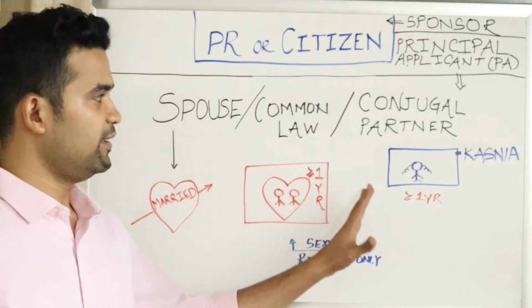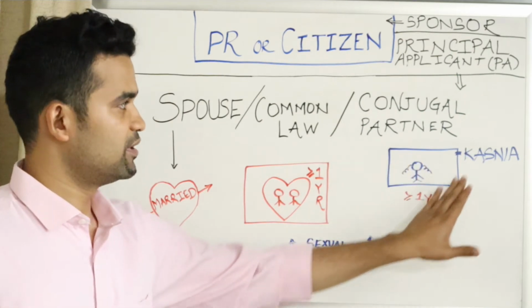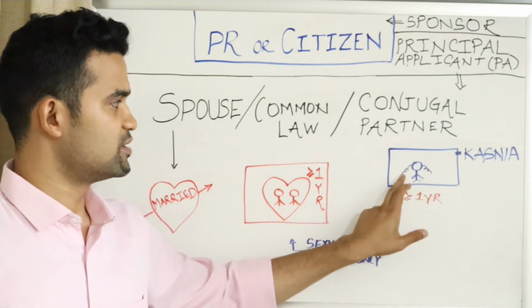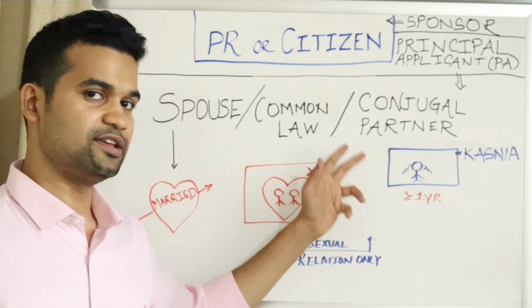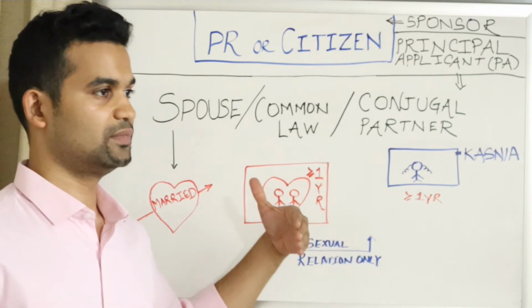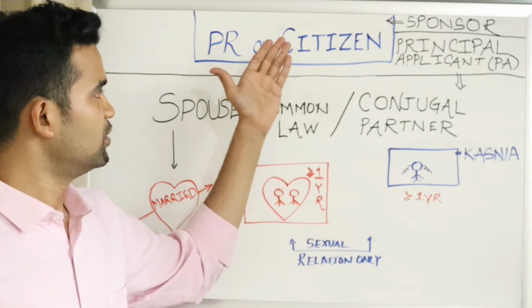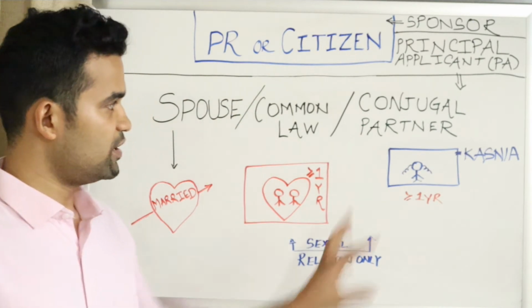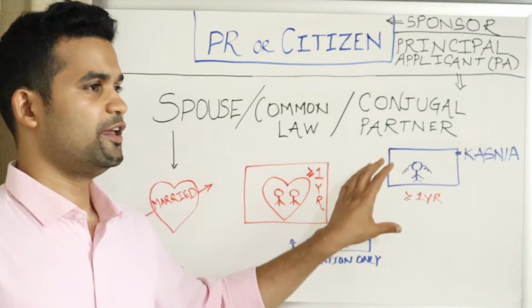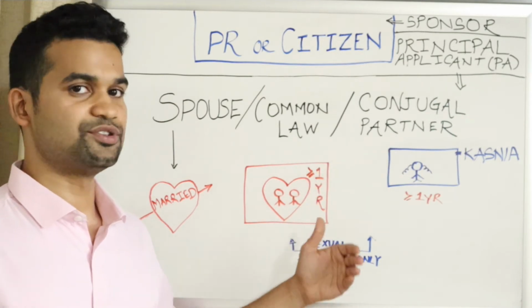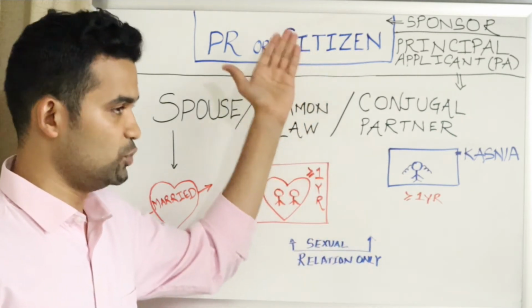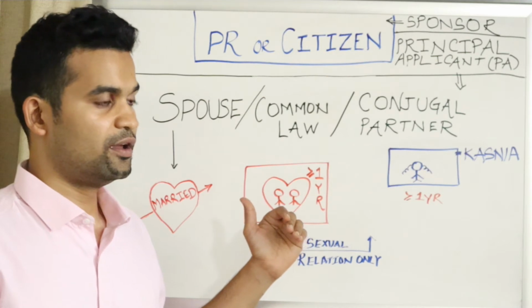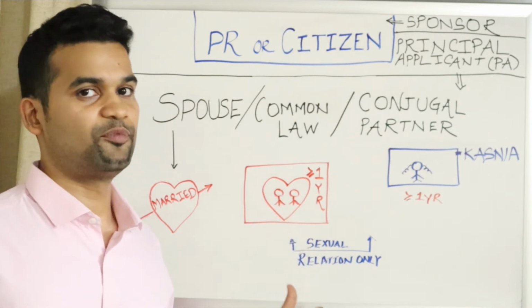Over here we are considering a fictitious country named Kasnia, and this girl lives in Kasnia and she is in a serious committed relationship with a Canadian citizen. Now the conditions in Kasnia are such that if this girl discloses her relationship or gets married to this guy who is a Canadian citizen, she might face a lot of problems from the society.